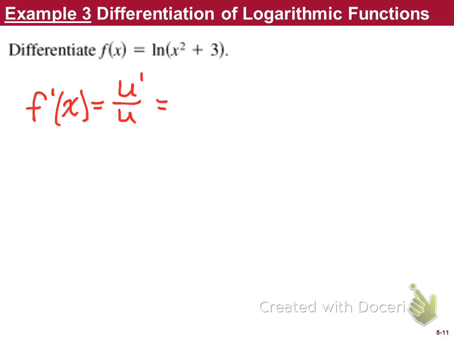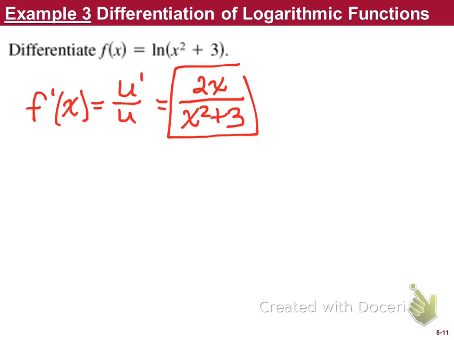We'll use the inside function, so we want the derivative of u, which would be 2x, over the inside function u, which is x squared plus 3. Done. So don't have to make these any more complicated, they're pretty simple if you just keep in mind the derivative of a natural log is the derivative of u over u.